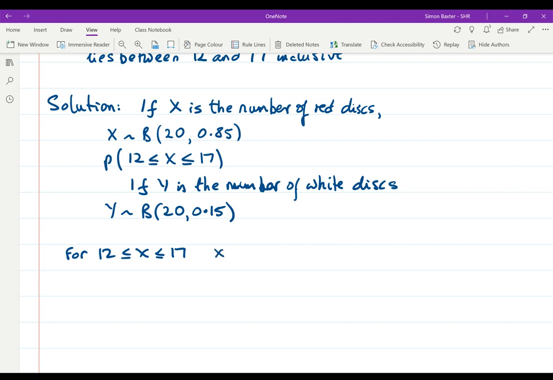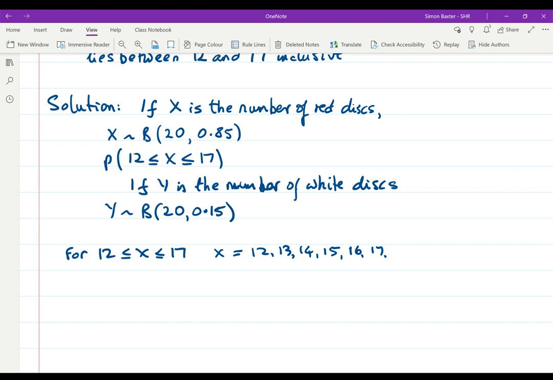This gives us that X is 12, 13, 14, 15, 16, 17. It is worth writing out the numbers.